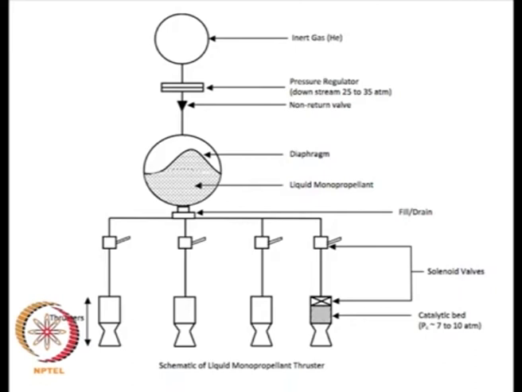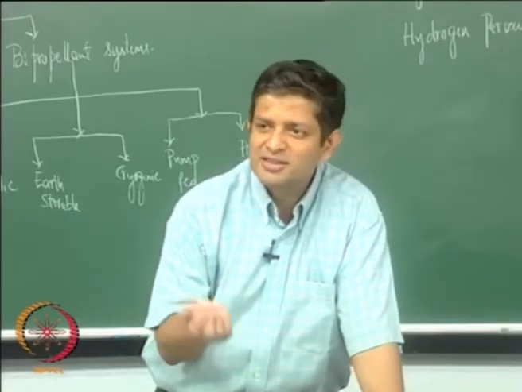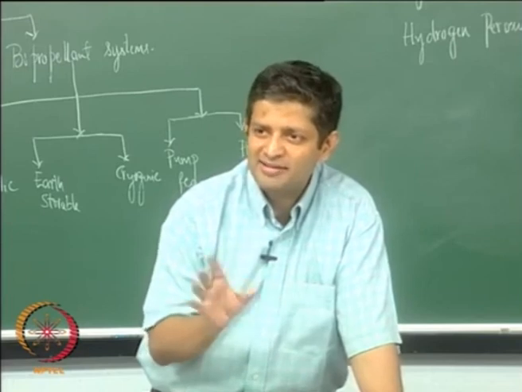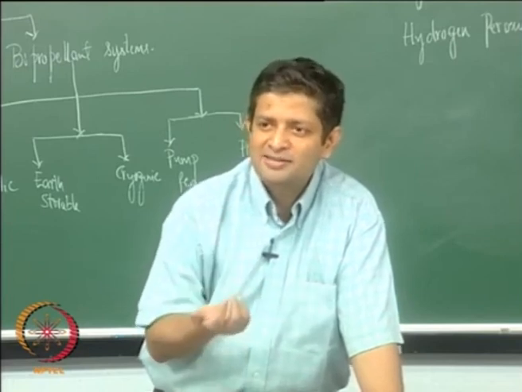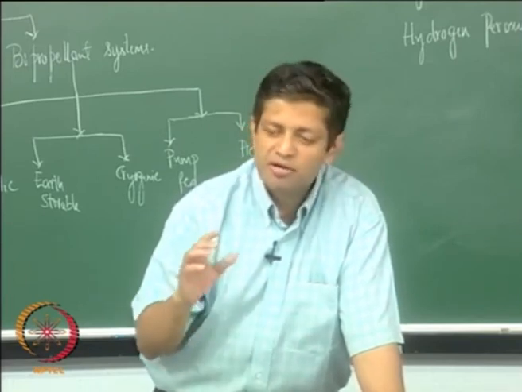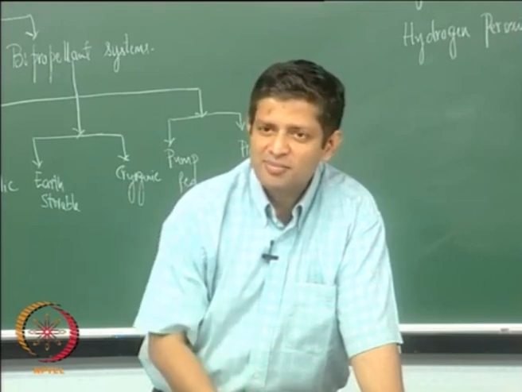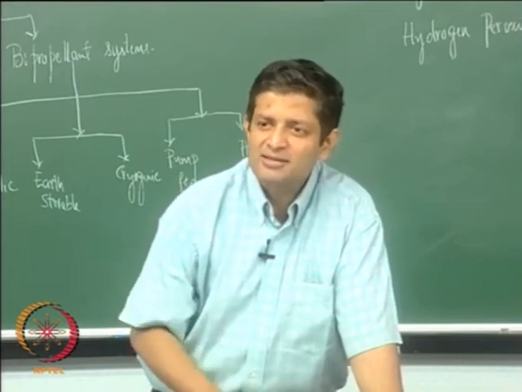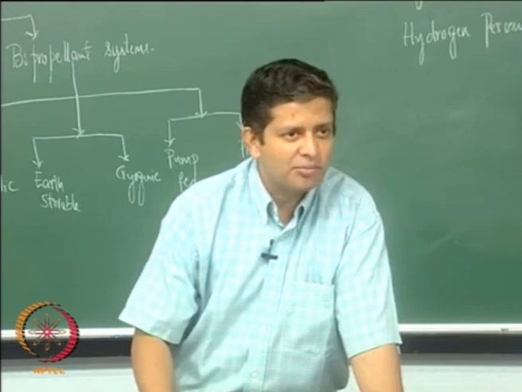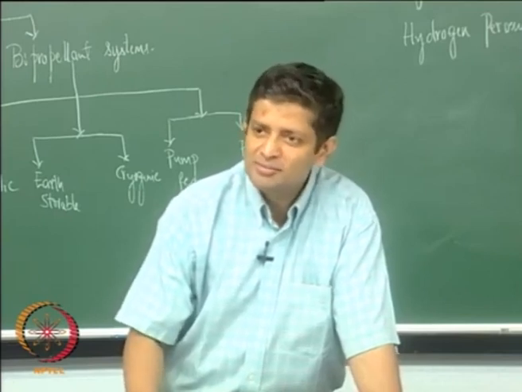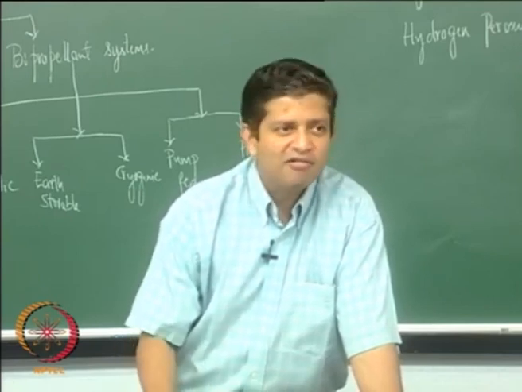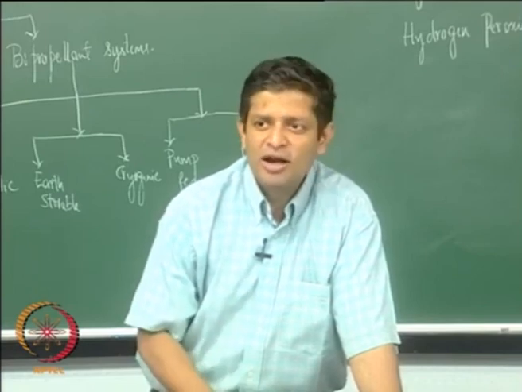If you compare this with a solid rocket motor, the propellants and the thrust chamber were identical. I mean, there was no other thing, right? They were both stored in the same place, which is why we said that the specific impulse of a solid rocket motor would be lower, because you need to have compatibility between fuel and oxidizer.